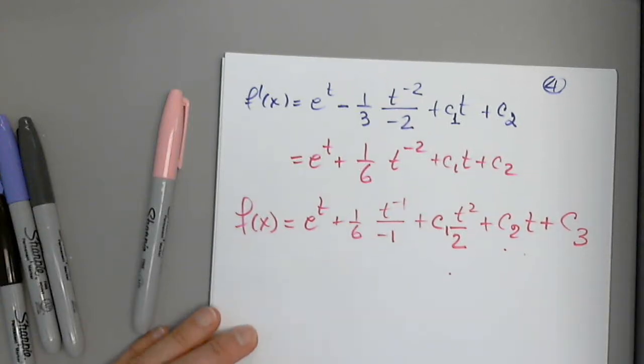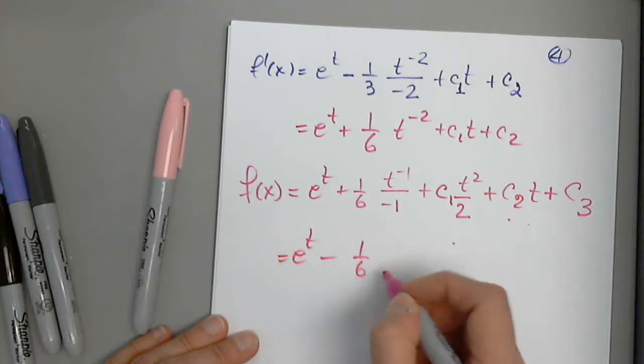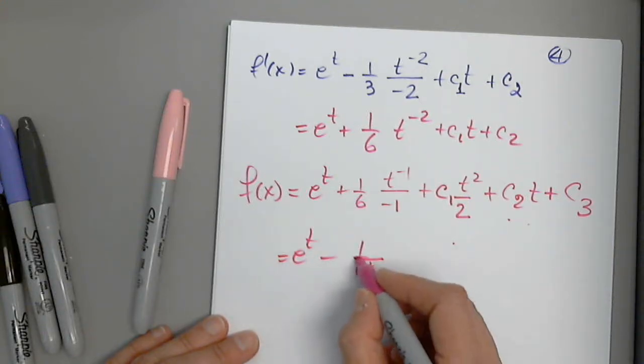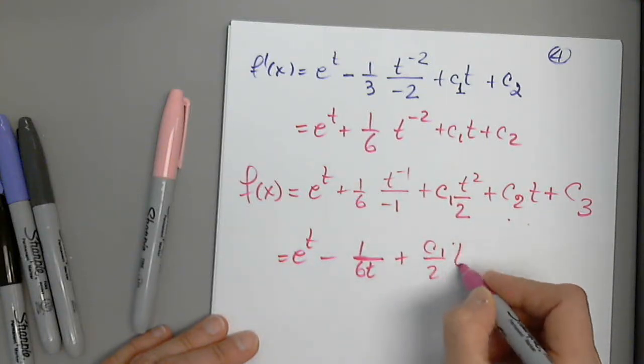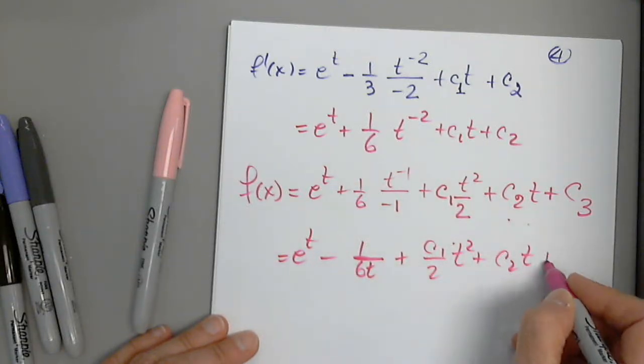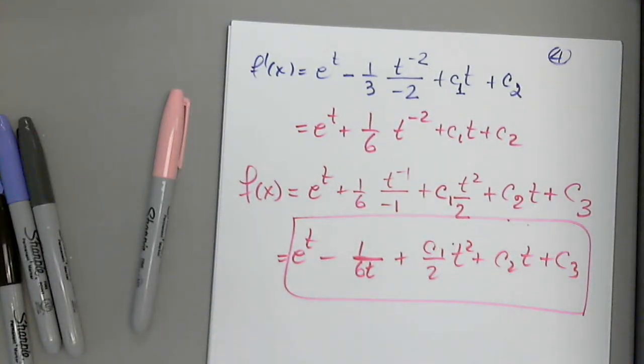That's it. So let's clean it up a little bit if we can. e to t minus 1/6 t, bringing t to negative 1 in the denominator, plus C1 over 2 t squared plus C2t plus C3. And this is final. This is the most general antiderivative of the given third derivative.